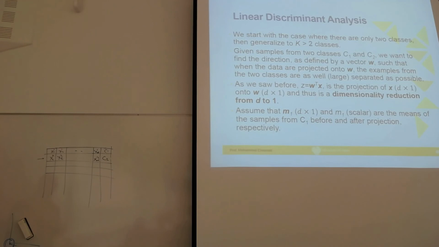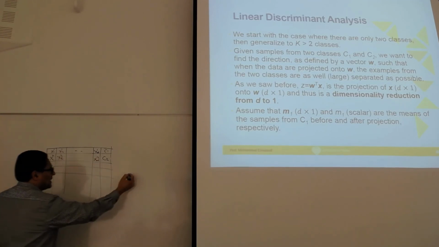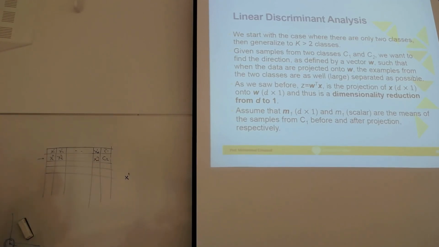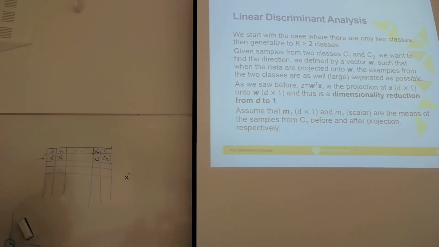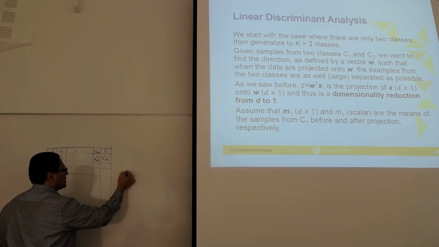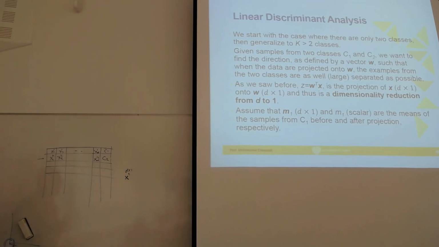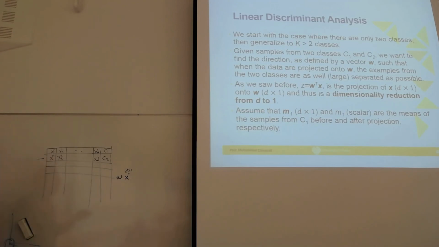Now we have only two classes. What is our aim? Our aim is like that. We would like to have this x vector for any sample number t. So it contains x1, x2 until xd. So the dimension here is a vector, d by 1. Our idea is to find the optimum vector w. It is a weighting vector.